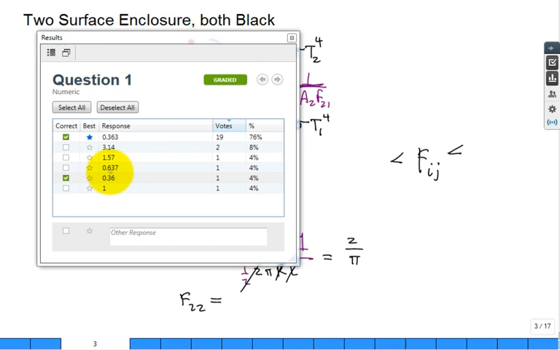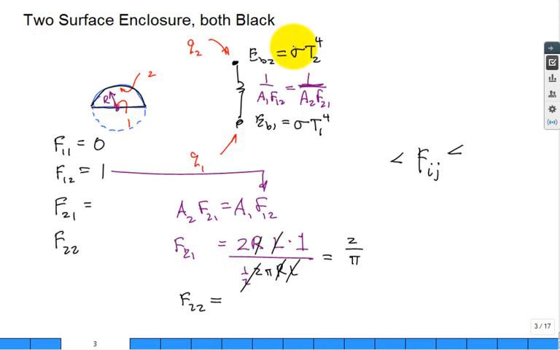Looks like this is 1 minus something, right? And then 1, no. And so that's the best we can do. How's that? And so the view factor is about 36% of the photons that leave surface 2 impinge back on surface 2. You got this as 1 minus 2 over pi, correct? Great.